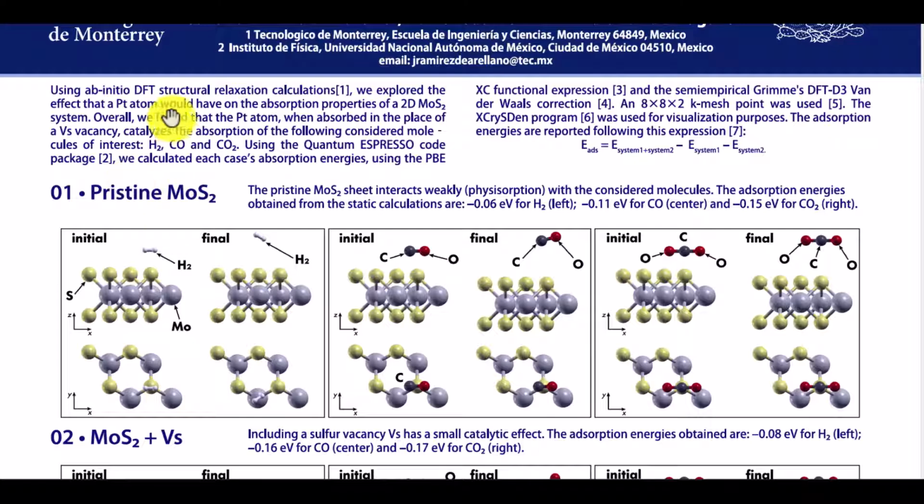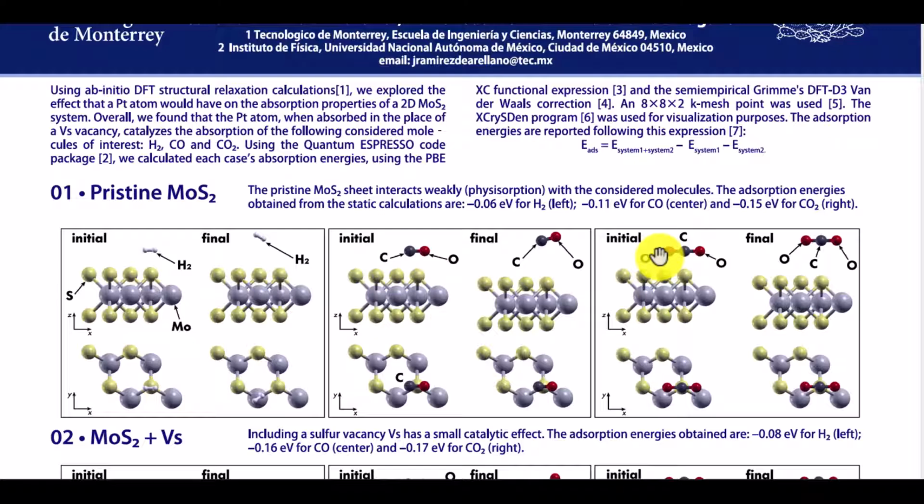We mainly focused on geometrical relaxations, exploring the possible effect that a platinum atom had on the adsorbing properties of this bidimensional material. So basically we explored the interaction between this material and three different molecules, as you can see here: hydrogen, carbon monoxide, and carbon dioxide.